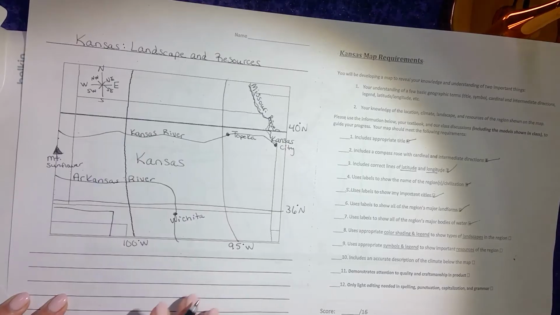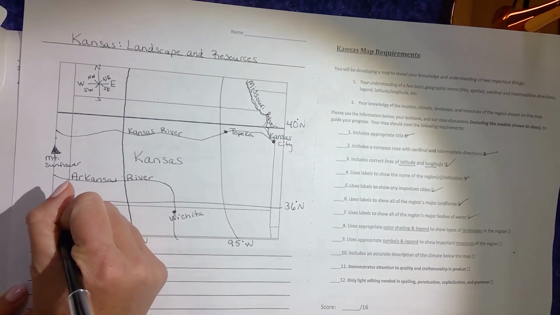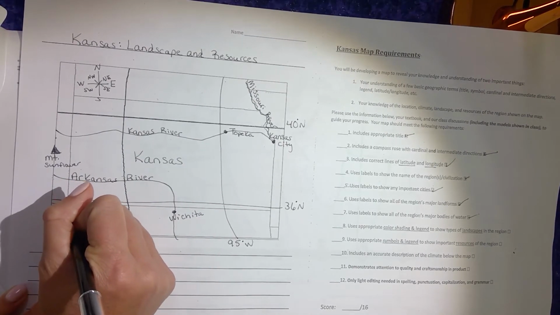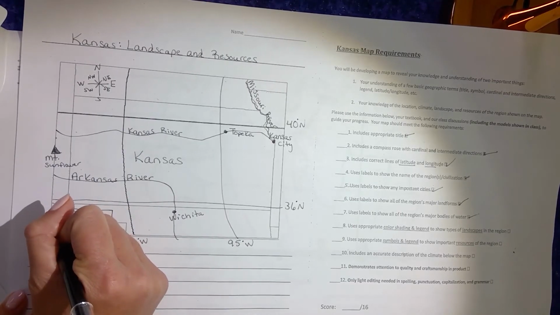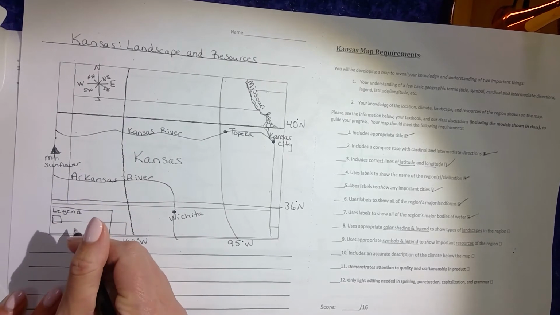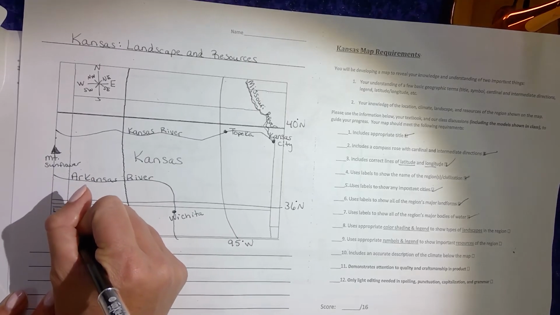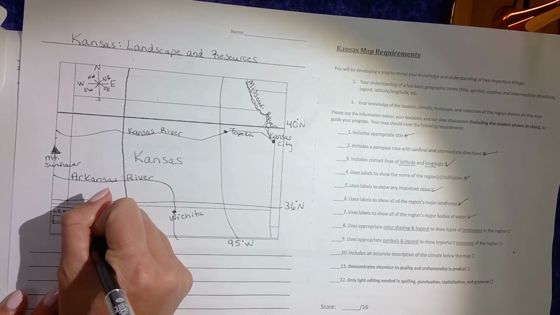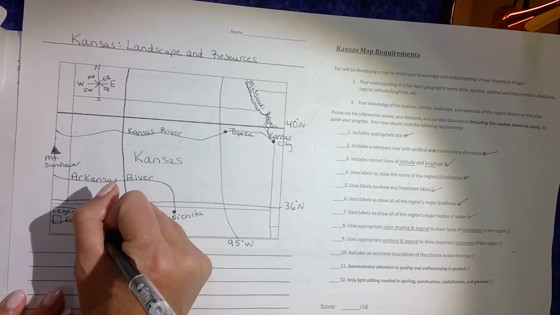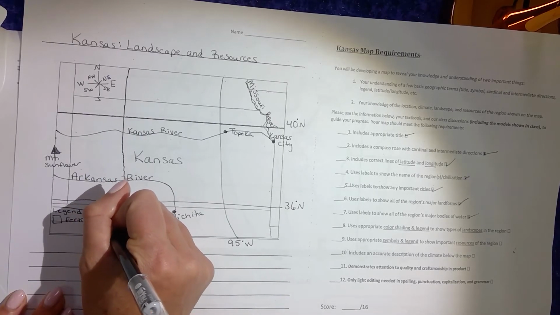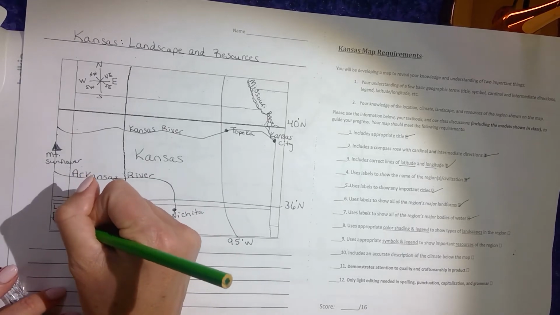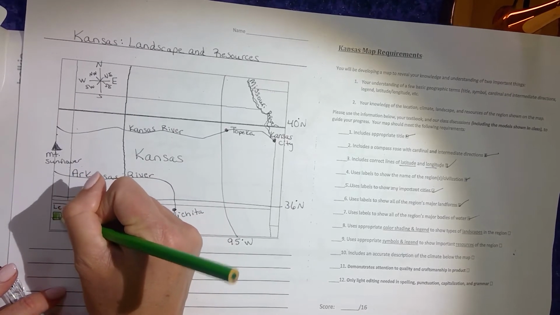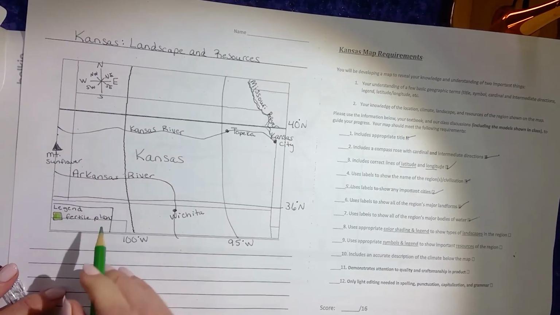A lot of lines going on, but write the word legend. And I'm going to draw in like a little square that I'm going to color in green, and I'm going to label it fertile plains. Color in that square green. So this is now my key, my legend.